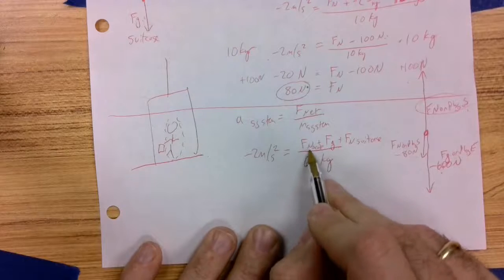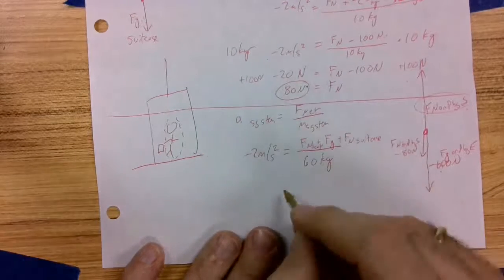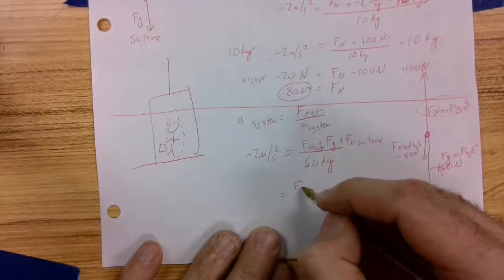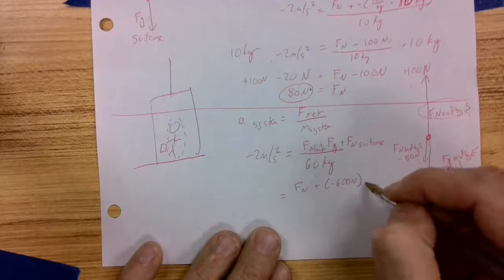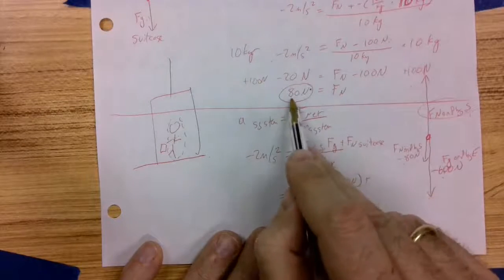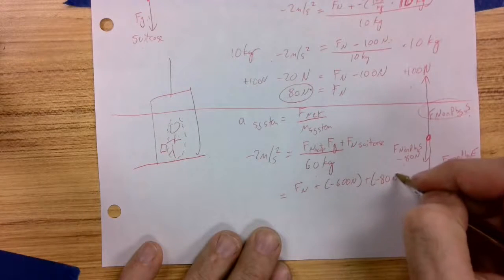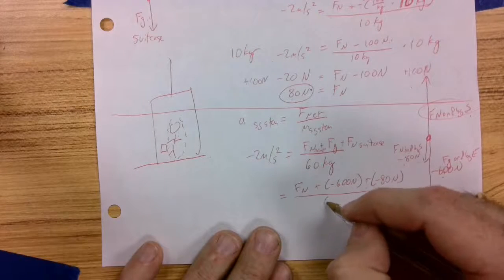This is the normal force on the person by the scale, gravity force, normal force by suitcase. The scale one is the only upwards one. Gravity force was 600 newtons down. Suitcase force was 80 newtons up on the suitcase, therefore it's 80 newtons down on the person, just by force pairs or Newton's third law.